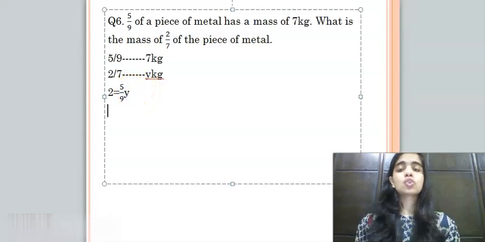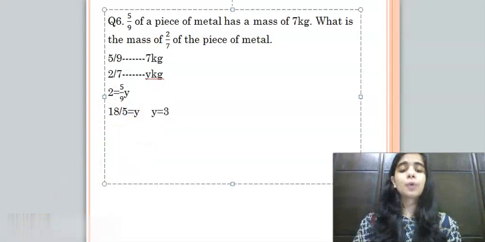Okay, so 2 multiplied by 9 will give me 18, and 18 divided by 5 will give me y. So y is 3.6 kg. So we got our answer.